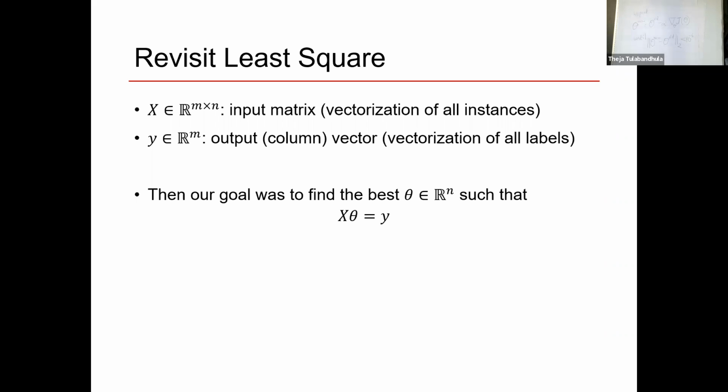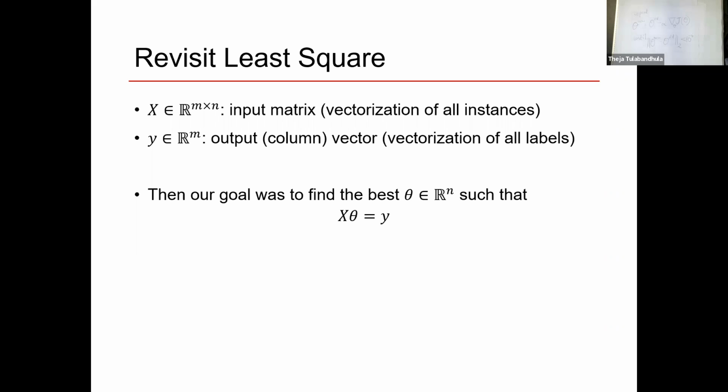So theta is a vector which is, let's say, 4 dimensions. X is a matrix which is 100 cross 4. Theta is a vector which is 4 dimensions, and then you have an output which is a 100 coordinate vector. That should be the same as the 100 coordinate vector that you have in your training data. So theta is just a 4-dimensional vector that you want, such that this is true. So theta is the unknown.